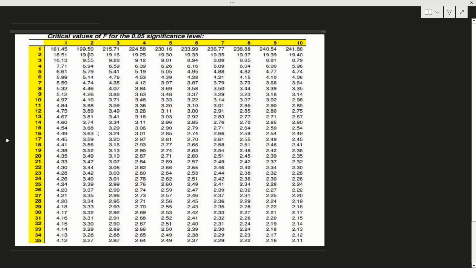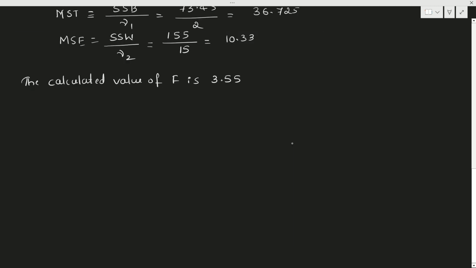This is 3.68. The tabulated value of F is 3.68.